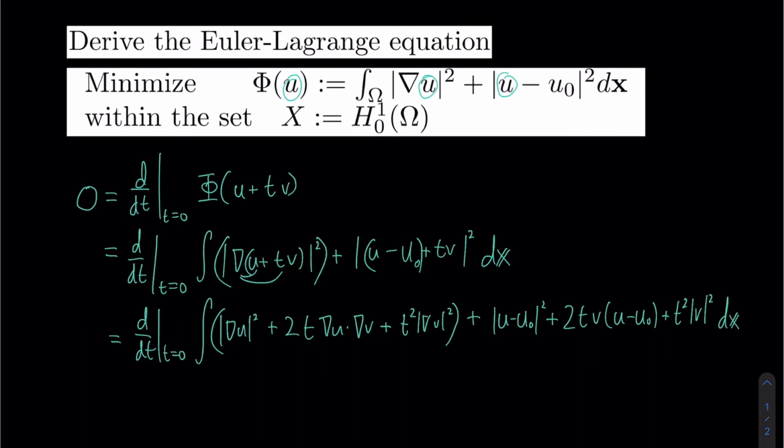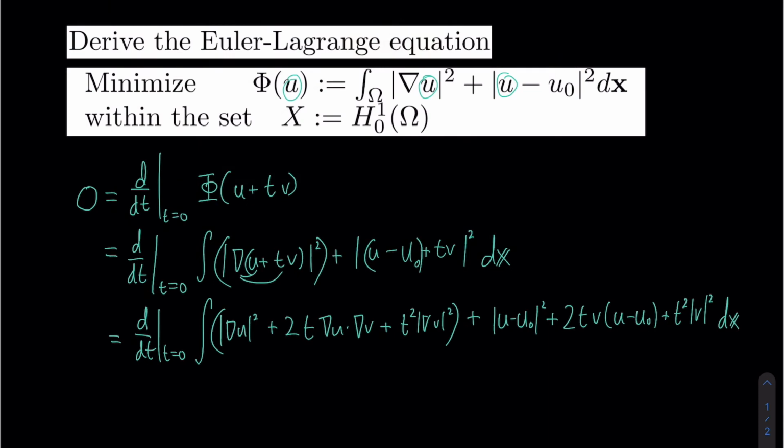Okay, now notice that we are deriving by t, and then we are evaluating the derivative at 0. Okay, so it's not always the case that the integral and the derivative can switch places, but for now, let's assume that we can do it, because in fact we can. And we're going to derive everything inside with respect to t. What does that mean?